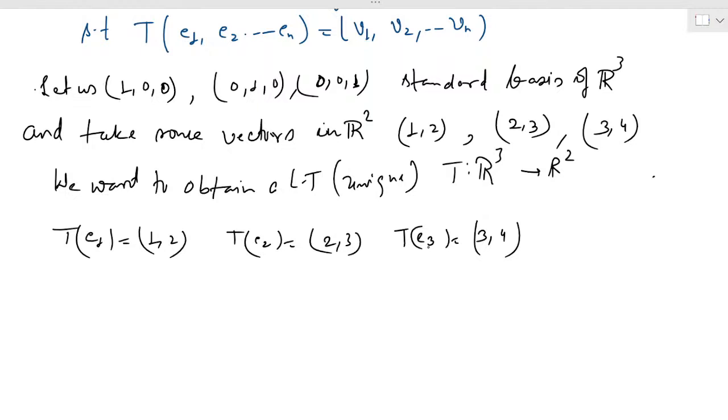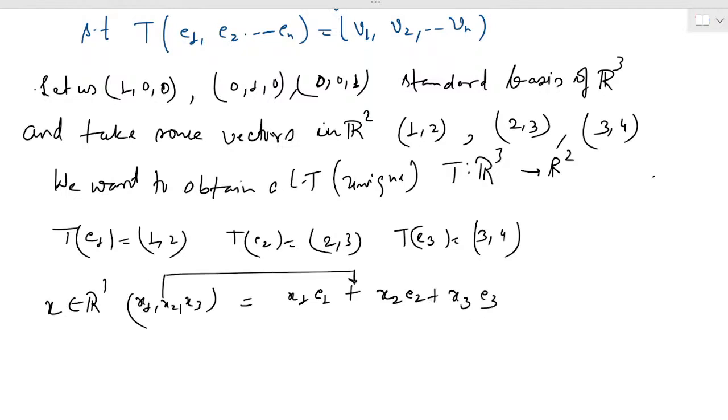Okay, now if I take any x belongs to R cube, I can write this as x1, x2, x3. I can write this in terms of the standard basis, that is x1 e1 plus x2 e2 plus x3 e3.